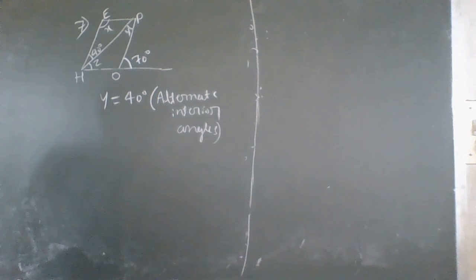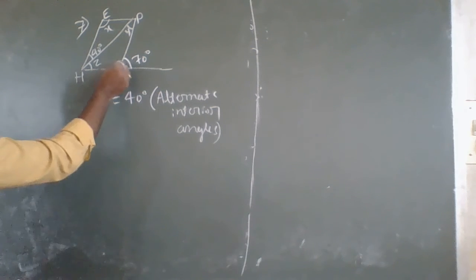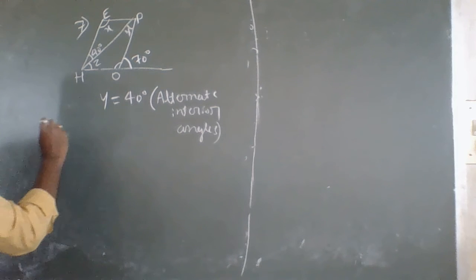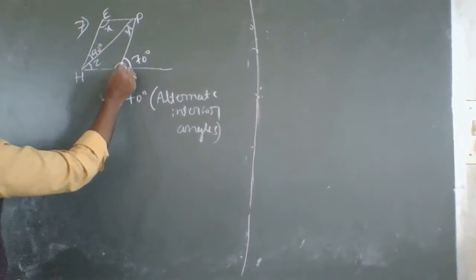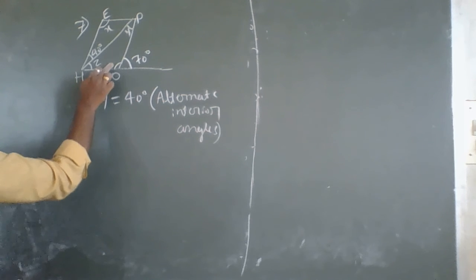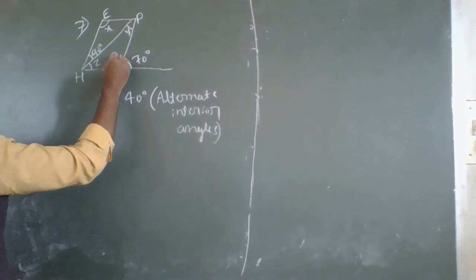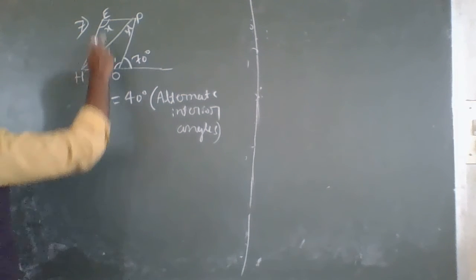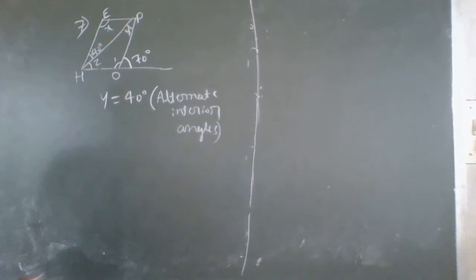So now to calculate the x value, I will calculate this value. Here this is 70 degrees and I have to calculate this. So I will name it as angle 1. By using this value I can calculate angle x because these two are opposite angles.